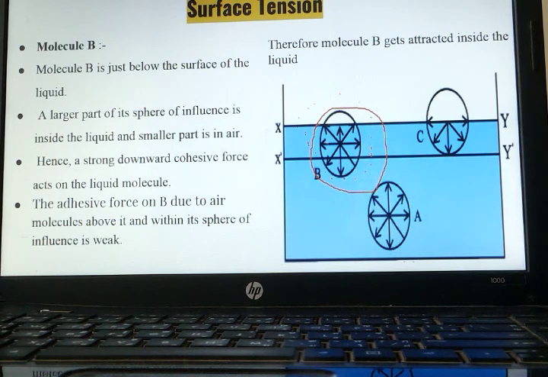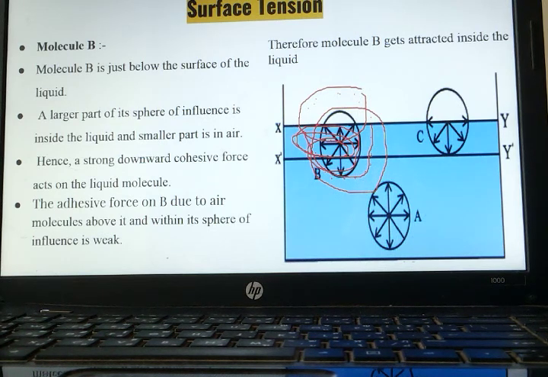The liquid particles will exert cohesive force on molecule B, and the air particles, which are very few in number, will exert adhesive force on molecule B.